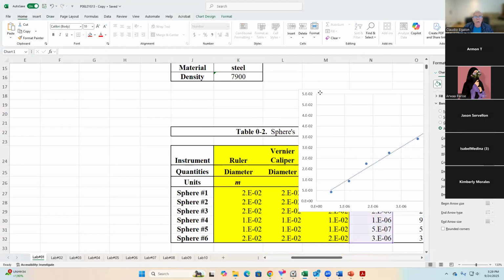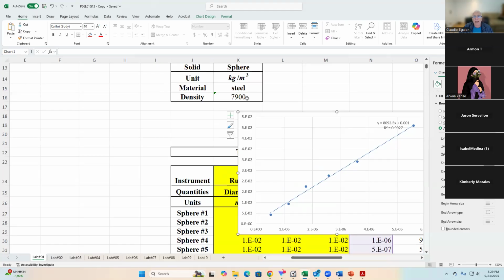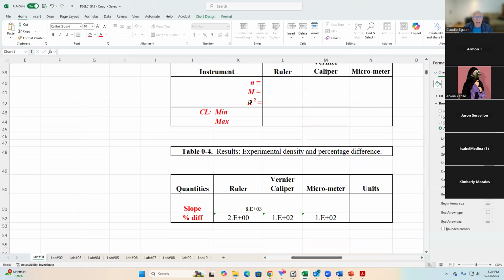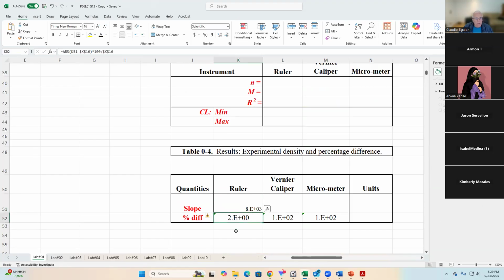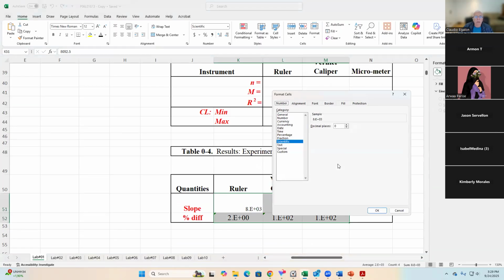So note that my slope is very close to the density of steel that I got from the internet. That's no coincidence. And when I log my density here, I also get the percentage difference between those two values. Again, I'm going to put that in a more user-friendly format.